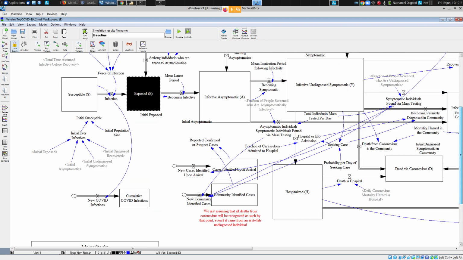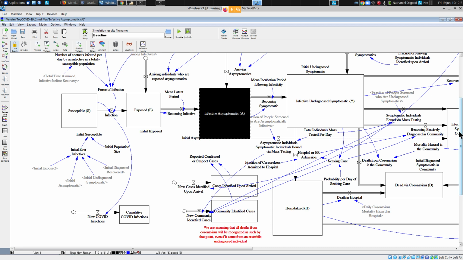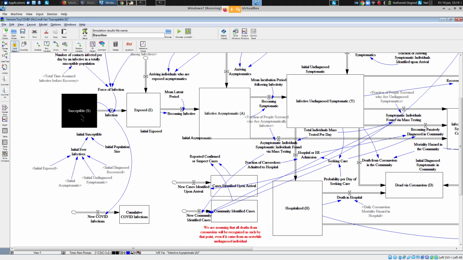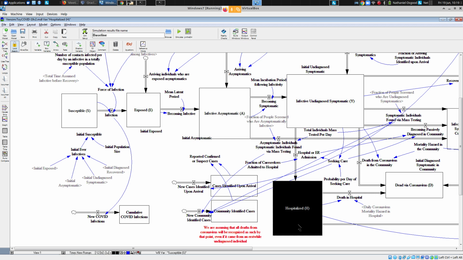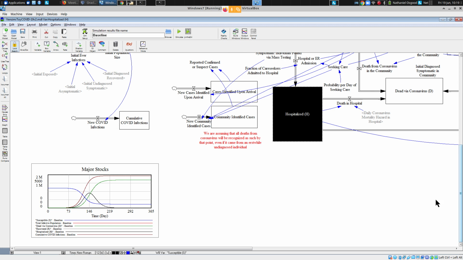Remember I said that each of these compartments counted the number of individuals at a given time who are in the corresponding state. For example, the number of individuals who remain susceptible, or the number of individuals right now who are in the hospital for COVID-19. Those counts are indicated, for any one time, within this graph to the lower left.